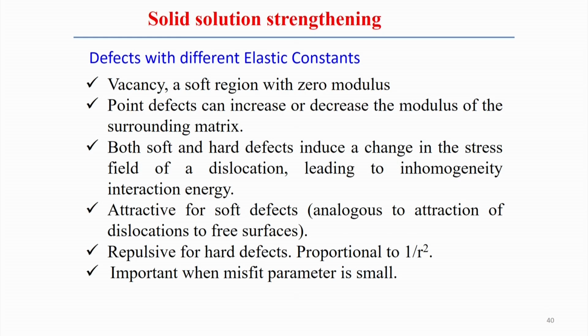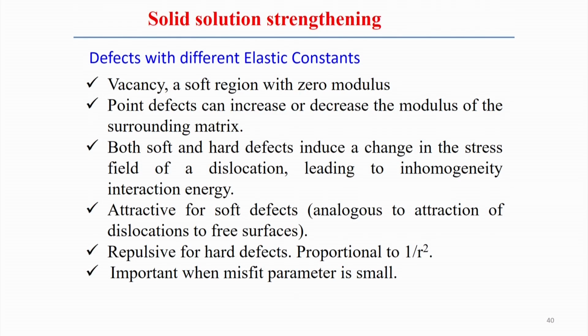Now another fact is that there are defects with different types of elastic constants. So a vacancy, when you look back at crystal defects, is specifically a soft region with zero modulus. We can consider a zero modulus in the presence of the vacancy. Now point defects can increase or decrease the modulus of the surrounding matrix.